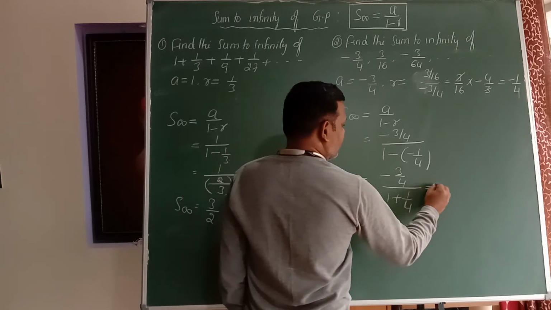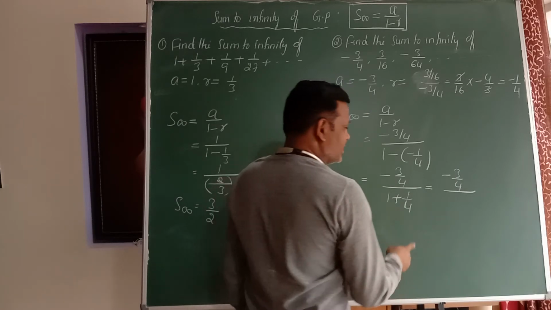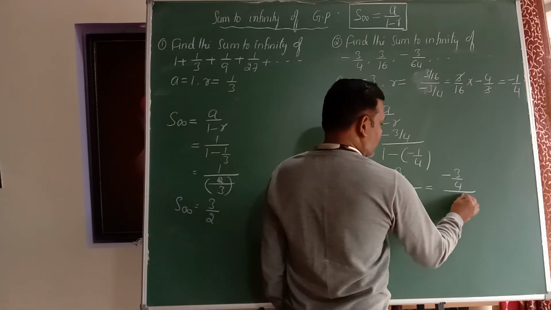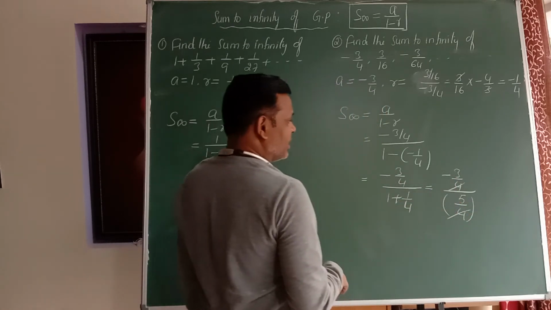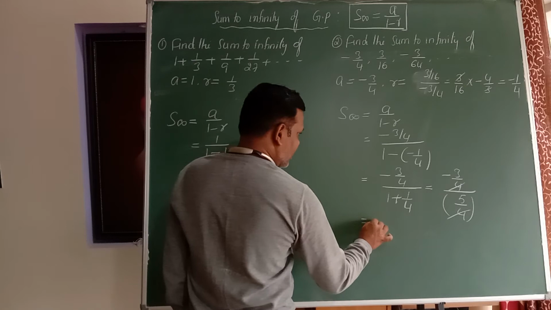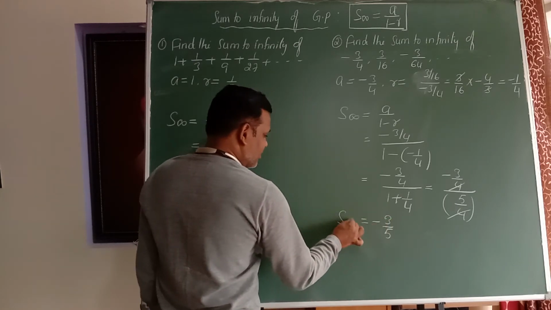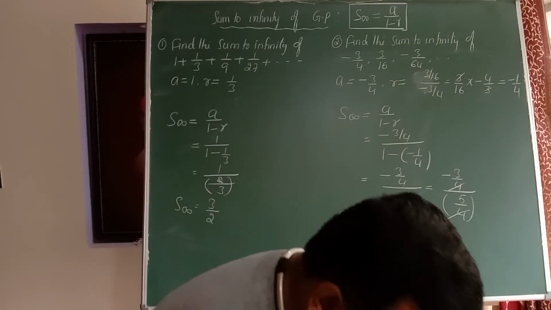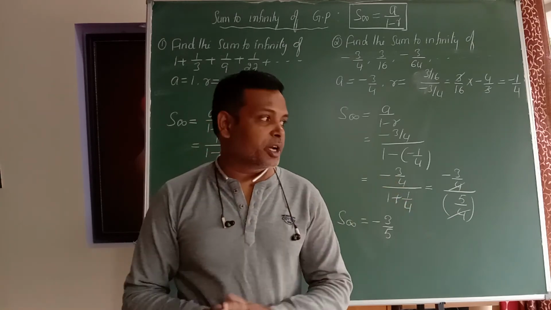So now this becomes minus 3 by 4 divided by, what is the LCM? 4. 4 ones are 4 plus 1, 5 by 4. So here 4 4 get cancelled. Remaining thing is what? Minus 3 by 5. This is what? S infinity. Okay, children, this is all about sum to infinity of a geometric progression.